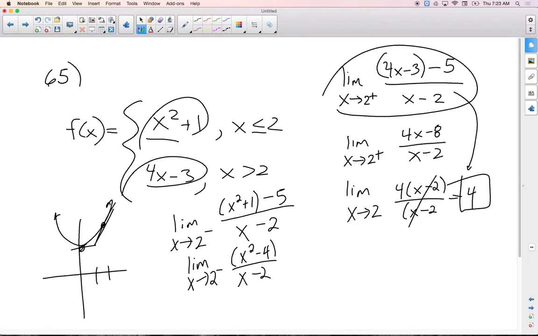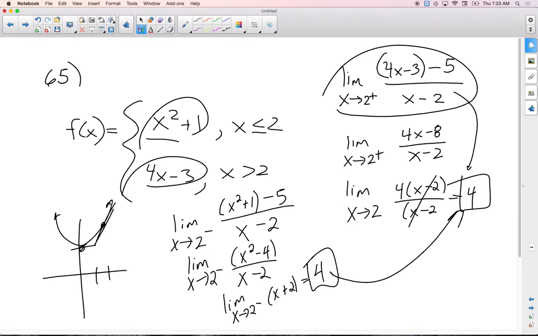Factor, cancel. What's going to happen to the x minus 2s? Cancel, you'll end up with what? I'm not even going to factor it because we know what it factors into. We know it's going to end up being x plus 2. And so plug in 2, what do you get? 4. Do they agree? There you go. Slopes from the left and right do both agree, so this is what? Differentiable.